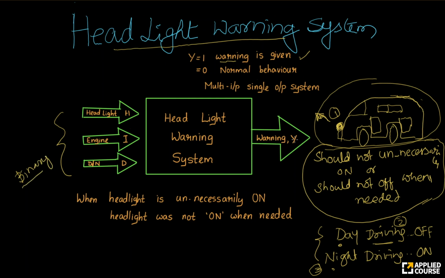As far as the output is concerned, it may say either a warning is to be made or a warning is not to be made. So this is HWS, the headlight warning system. When the headlight is unnecessarily on, a warning is to be made, and when the headlight is not on when it is needed, again a warning is to be given.